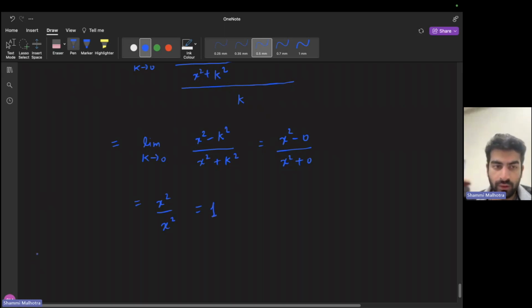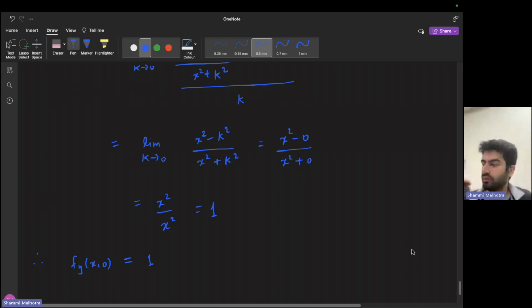Therefore f_y at (x, 0) turns out to be 1. Okay, so that clears up how to calculate the partial derivative with respect to y. We just put in the definition and evaluate the limit. That's all we have to do here.